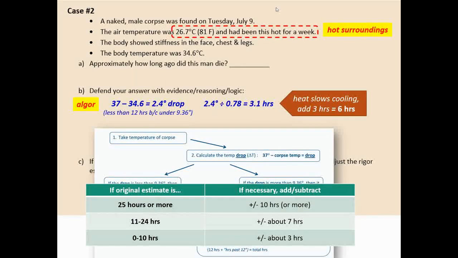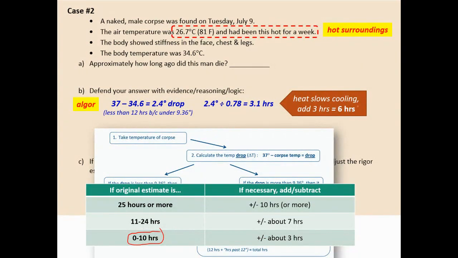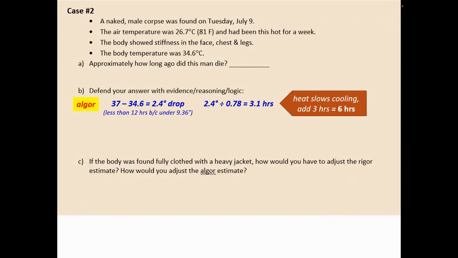Heat will slow the cooling, so it will take longer to cool down. Since our estimate is small, 0 to 10 hours, we have to add or subtract 3 hours. In this case, we're adding 3 hours. So our estimate based on Algor mortis would be 3.1 hours plus 3 hours, about 6 hours.